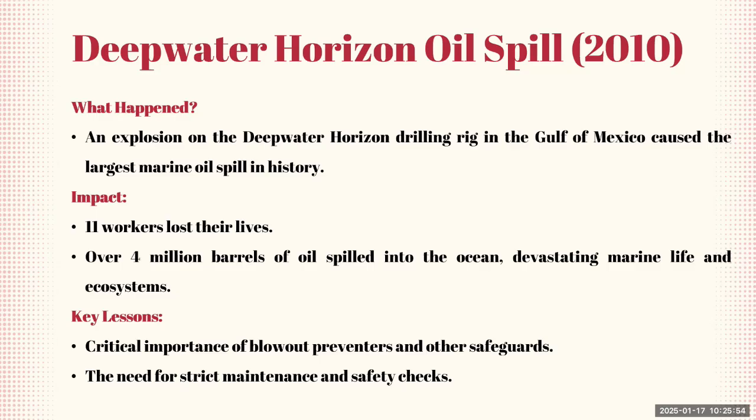So not only do we affect the environment, but we also affect the sea and the animals and ecosystems that are in the sea. The key lessons are the critical importance of blowout preventers and other safeguards, and also the need for strict maintenance and safety checks, because there was some equipment that was not checked properly, and this is what actually led to this problem.